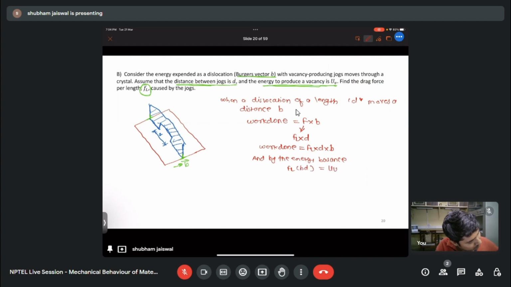So this force per unit length will be uv divided by bd. So this will be our final answer.